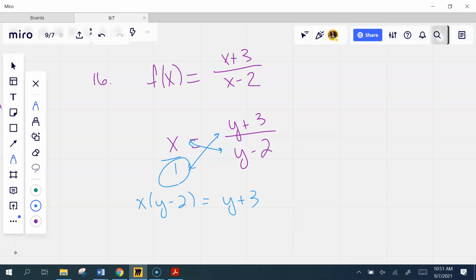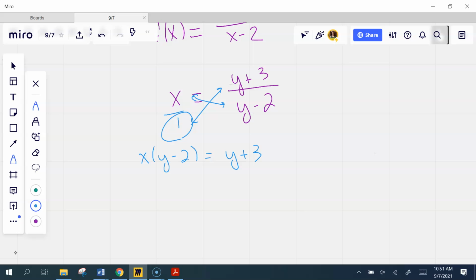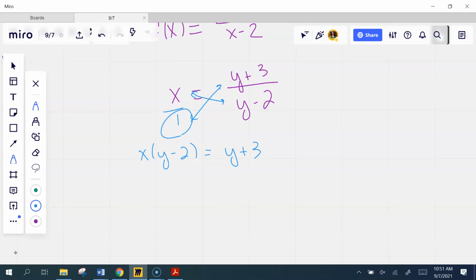So, all right. What did you do now? Distribute. I would also distribute now. Just like when we're solving a regular linear equation, we want the variables that we're solving for all together on the same side and everything else on the other side. So anything that has a y in it, I'm going to put on one side, and anything that doesn't, on the other.